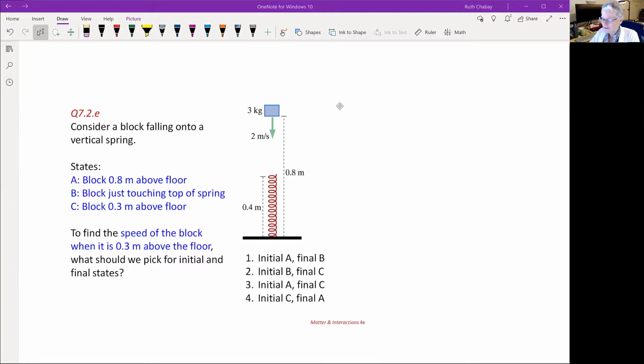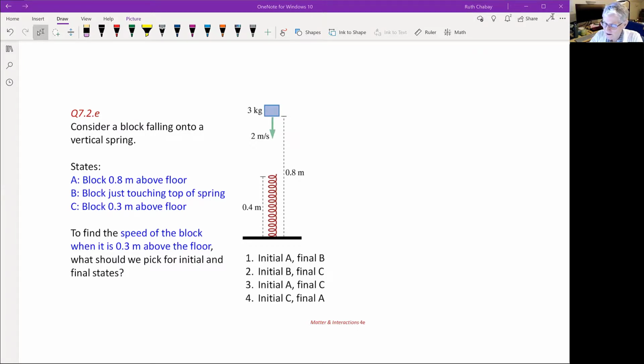Okay, so the most popular answer was 2, but 3 was also a popular answer, and this time you're both right. Either one is actually okay. If you said either 2 or 3, they're both possible.